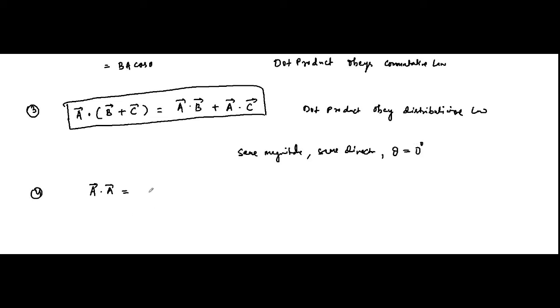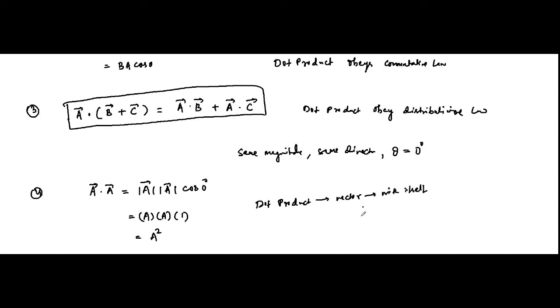So it can be written as a vector modulus multiplied with a vector modulus again cos 0 degree, which is a into 1, which is equal to a square. So what it says, that the dot product of a vector with itself gives square of the magnitude of that vector.